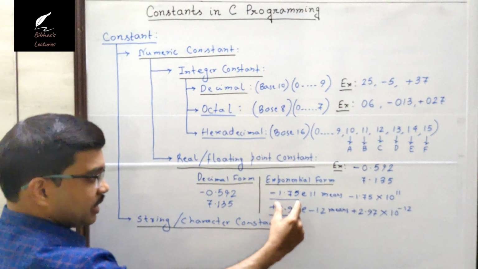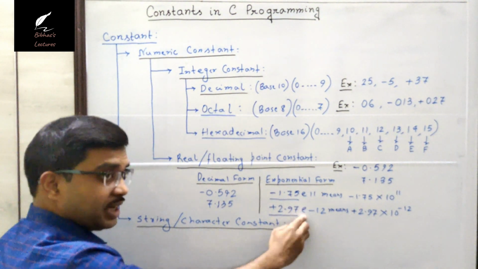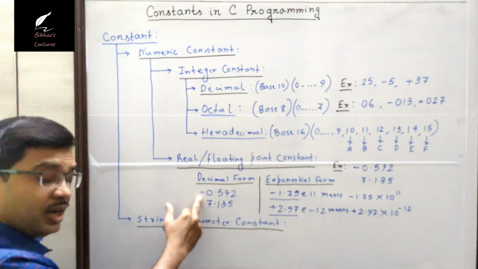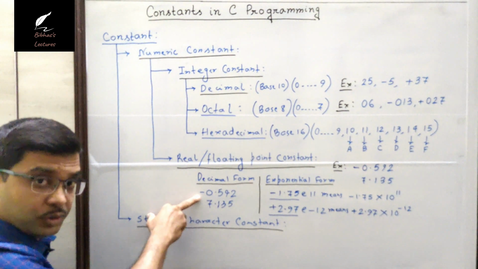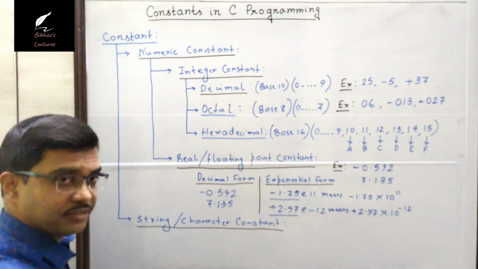So these are the representations of a real number in exponential form, where e stands for exponential. The first one is a signed real number, and the second one is an unsigned real number represented in decimal form.